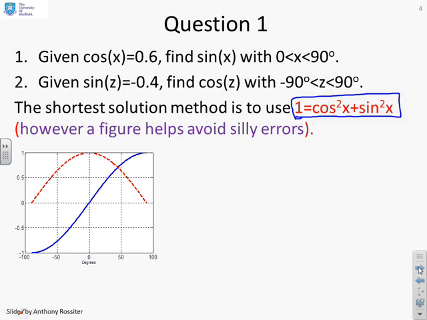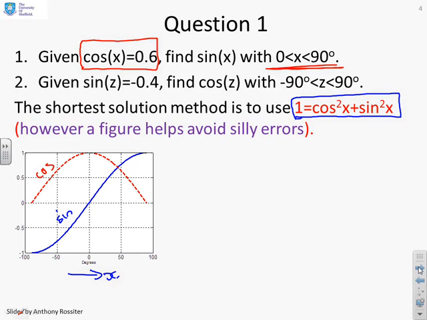So you'll see what I've done here is I've plotted a figure of sine, which is in blue, and cos, which is in red. And the reason I've done that is I've got my cos and sine curves, so I won't make silly mistakes. So first of all, let's look at question 1. It tells me that cos x equals 0.6, and it tells me that x is between 0 and 90.